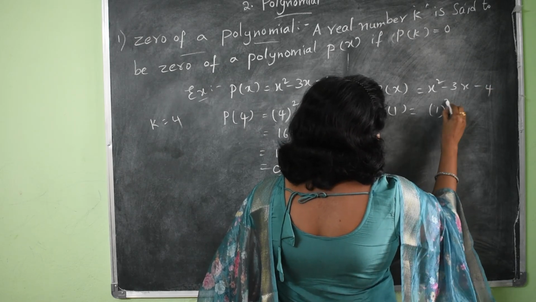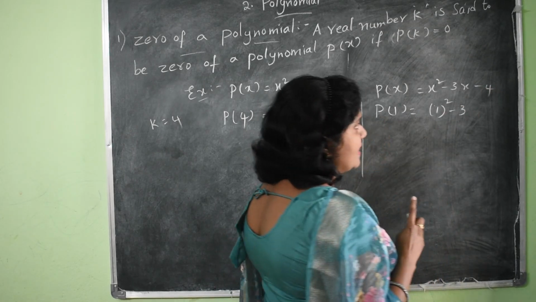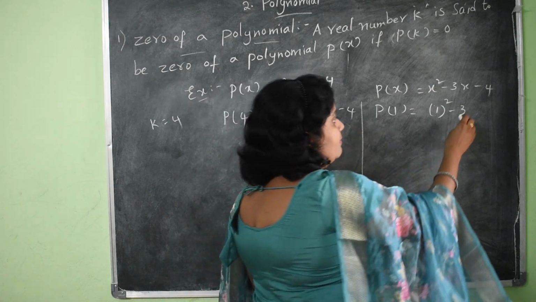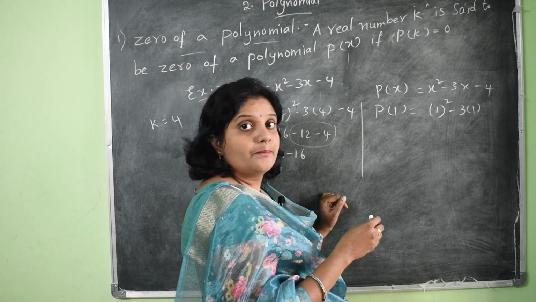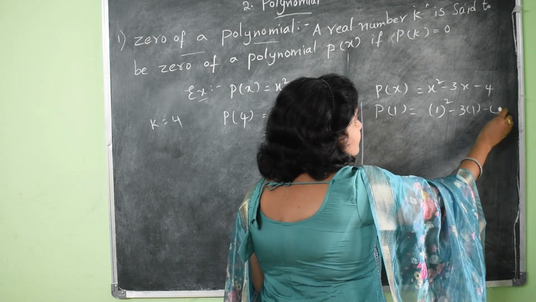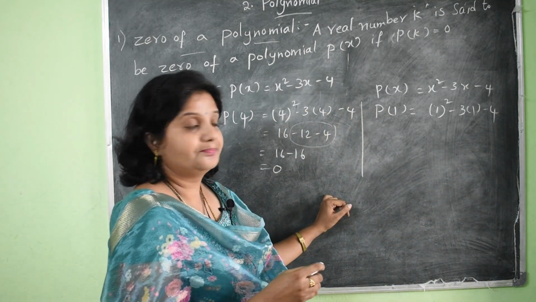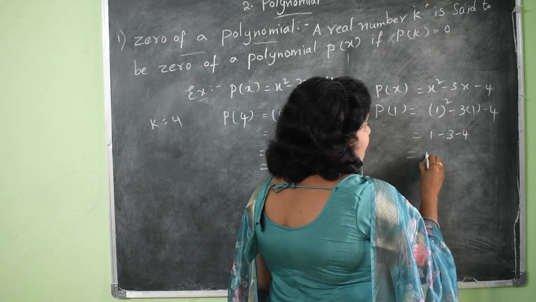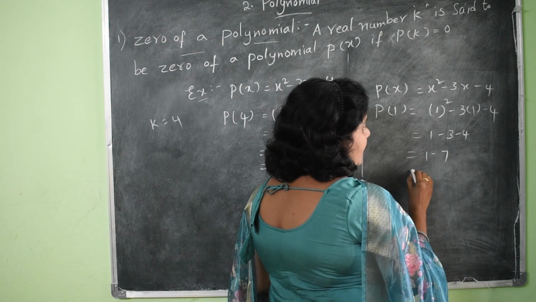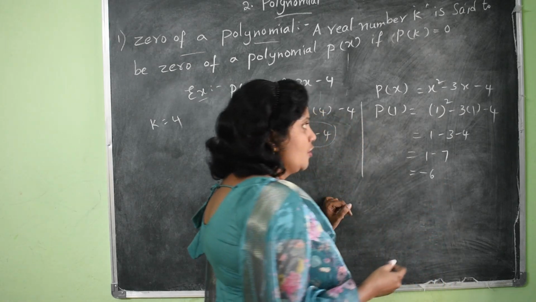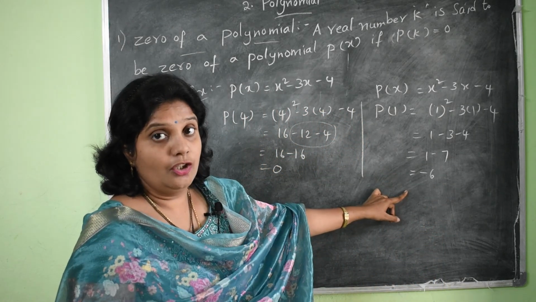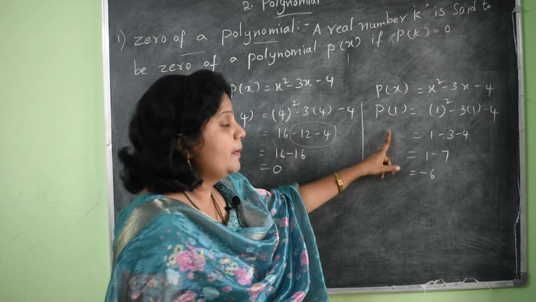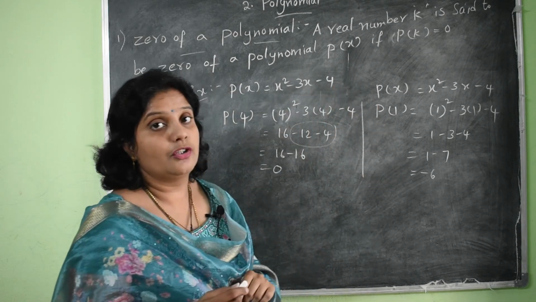In the place of x I am keeping 1. 1 square minus 3 into 1 minus 4. So 1 minus 3 minus 4. Again, 3 plus 4 is 7, negative sign, that is minus 6. So here is the polynomial 0? No, it is not 0. So p of 1 is not a zero of the polynomial.